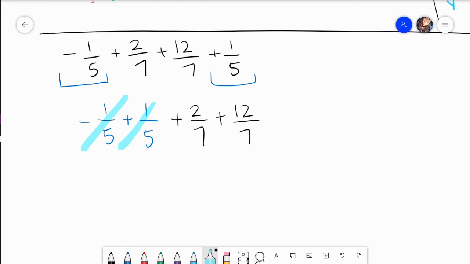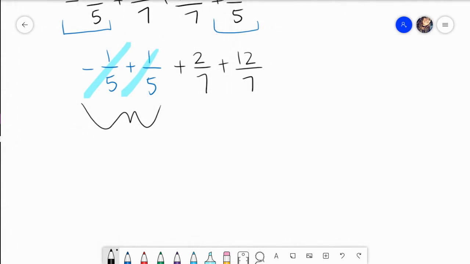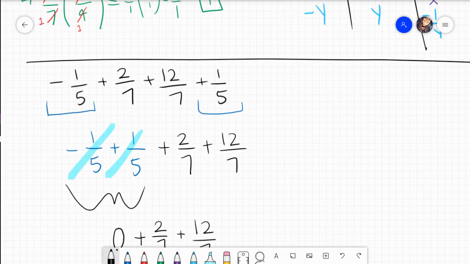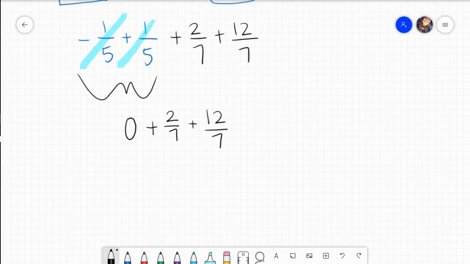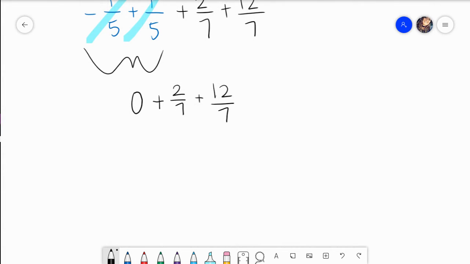Technically what's happening here, oh, that was the wrong color. Right there, y'all. That was my additive inverse. That goes to 0 plus 2 over 7 plus 12 over 7. So now all four of these terms right here just became 0 plus 2 over 7 plus 12 over 7.